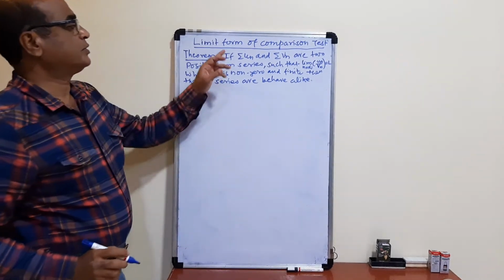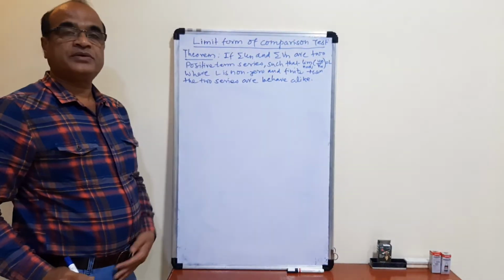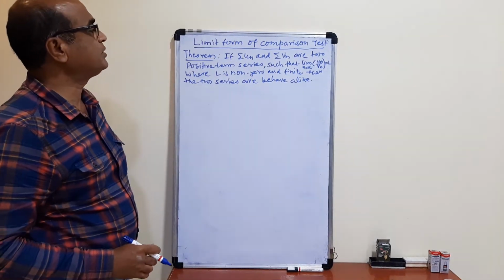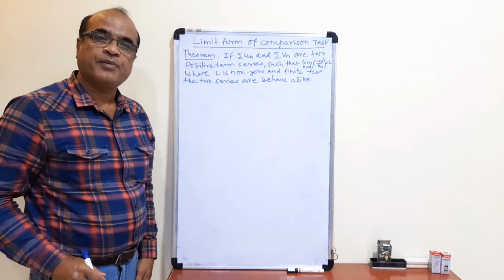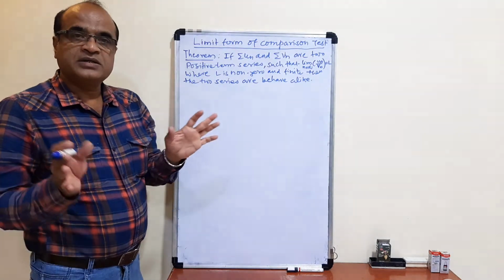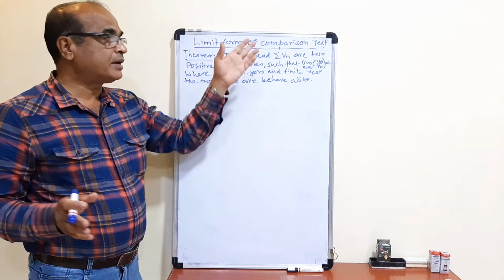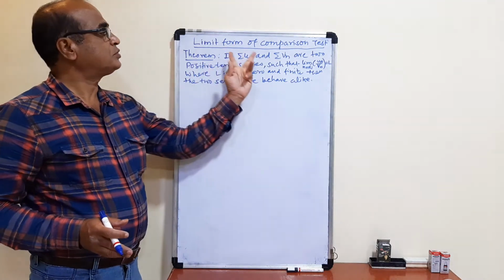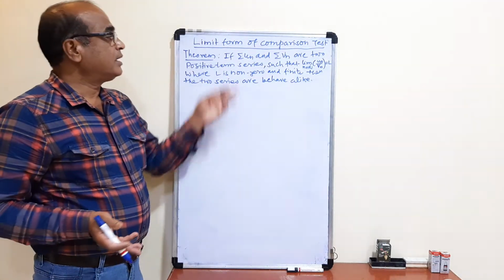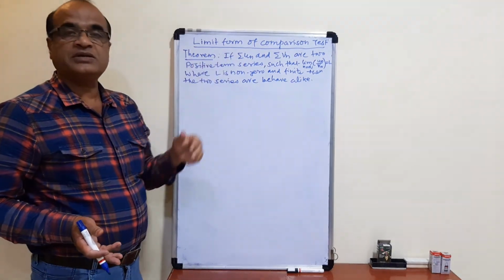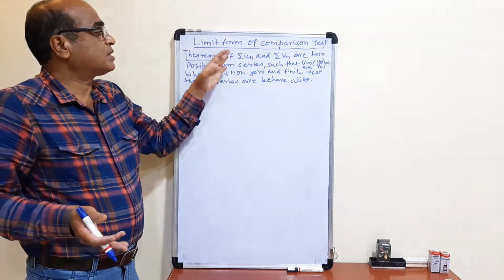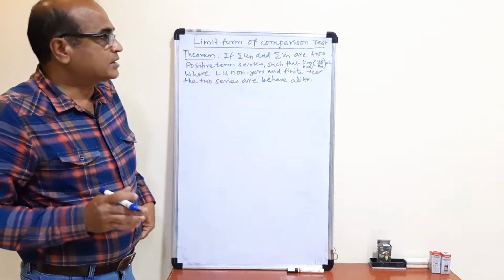Summation un and summation vn are two positive term series, each term in the series is positive, such that the limit of un upon vn is some non-zero and finite number L, then the two series behave alike. What is meant by behave alike? If un is convergent, then vn is also convergent. If vn is divergent, then summation un is also divergent. So it is called behave alike.